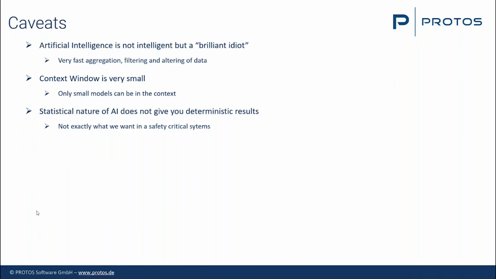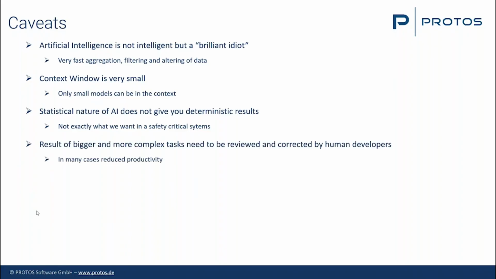That's okay if it gets it right, but this missing determinism is really a problem with safety critical systems, with robust systems that are extremely expensive if they fail, but especially if lives are at stake, that's not what you want.